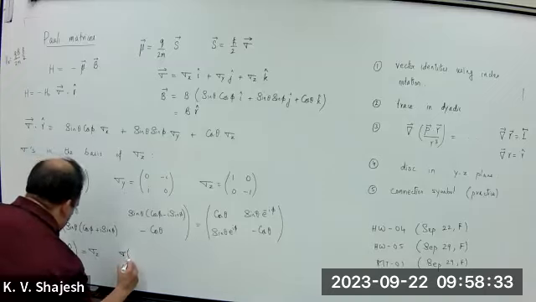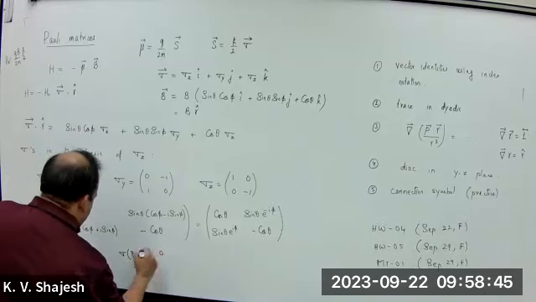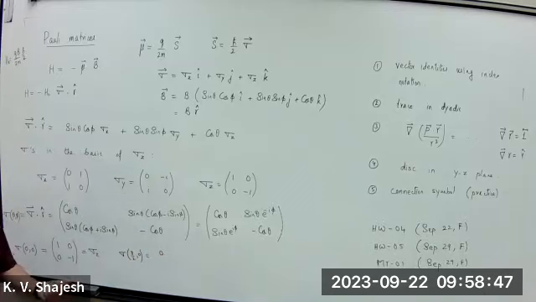Do one more: theta equal to pi by 2 and phi equal to 0. Theta equal to pi by 2 makes the diagonal 0, and sine theta equal to pi by 2 makes that 1.